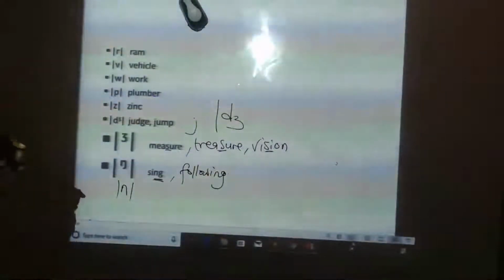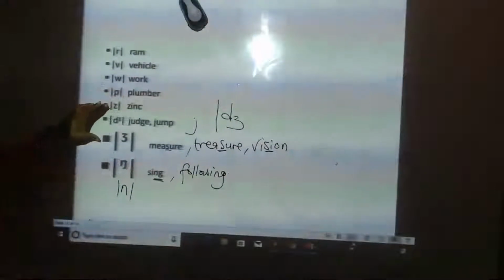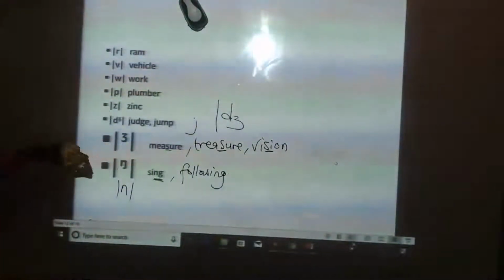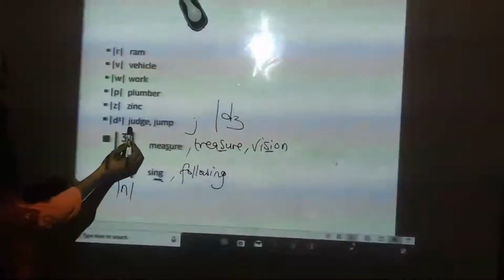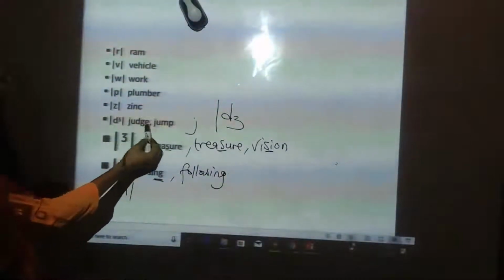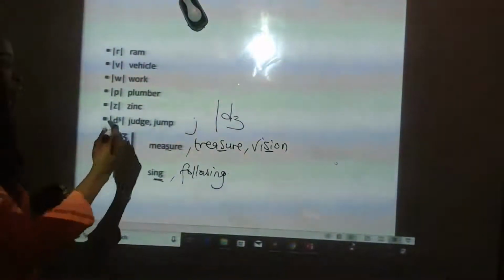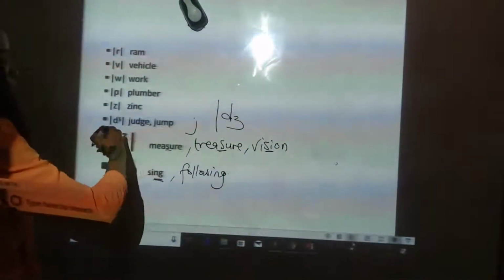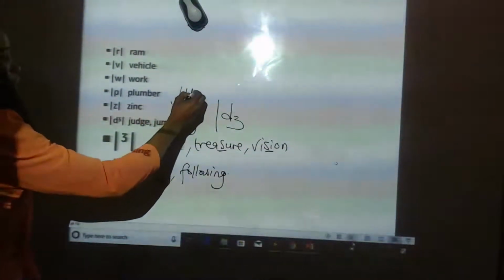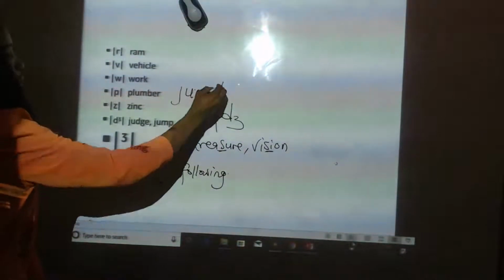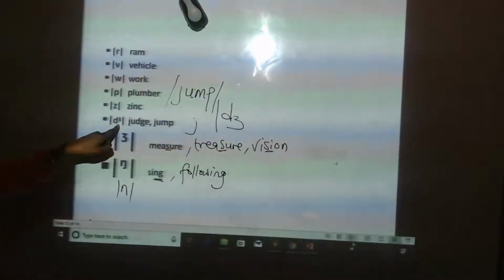So you have to learn them and know when they appear in a transcription. For example, any word that begins with J gives you the dj sound. And when you see a transcription, you start expecting something like jump. No, it begins with J.